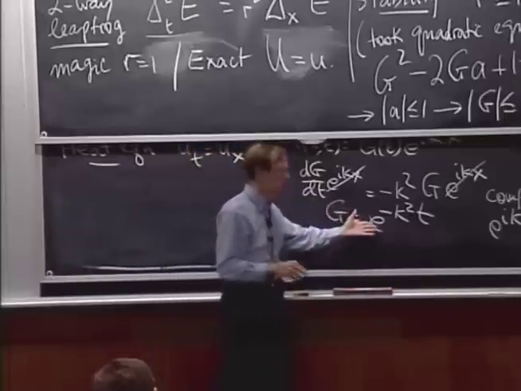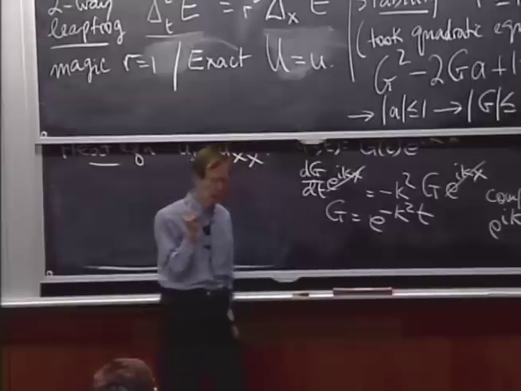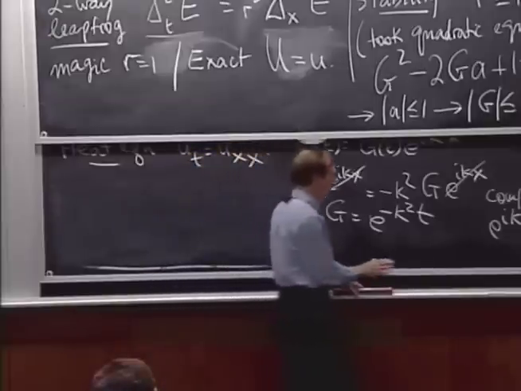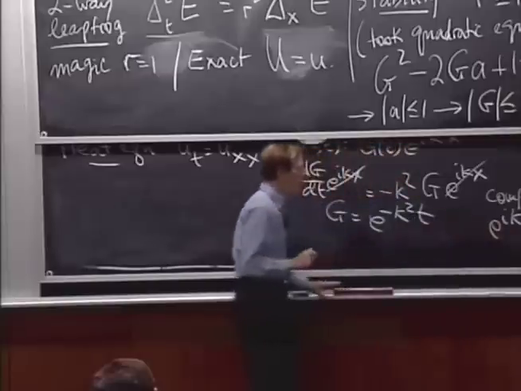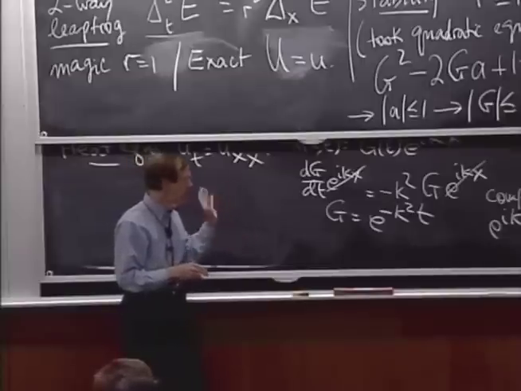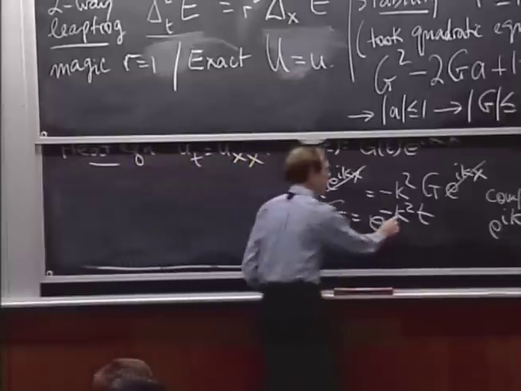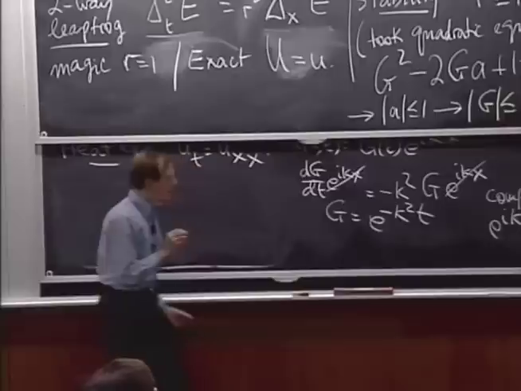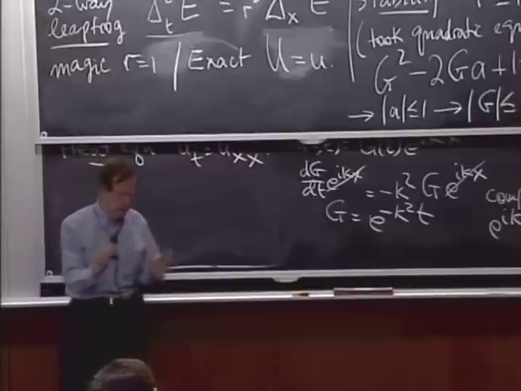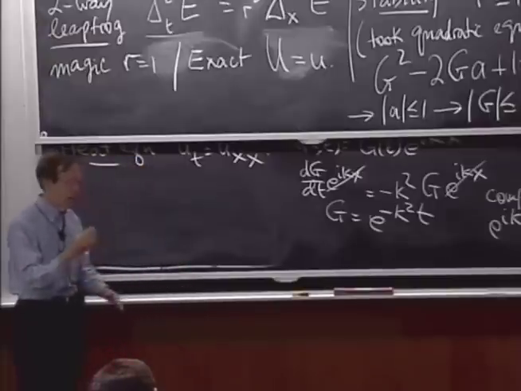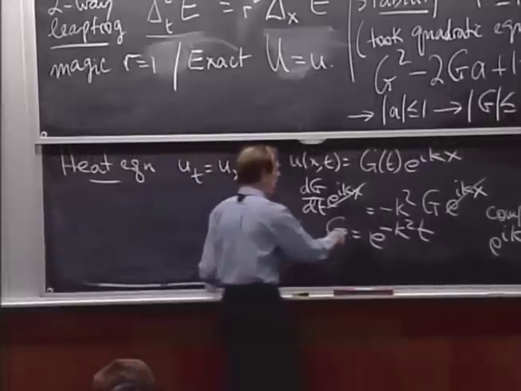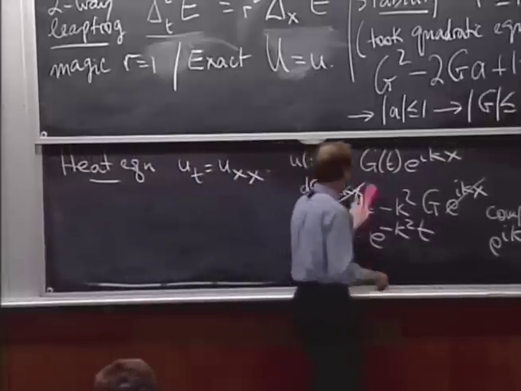This is magnitude smaller than 1, energy dissipated. There we had a ratio delta t over delta x. Now we're going to see delta t over delta x squared, because it's x squared that matches t now.